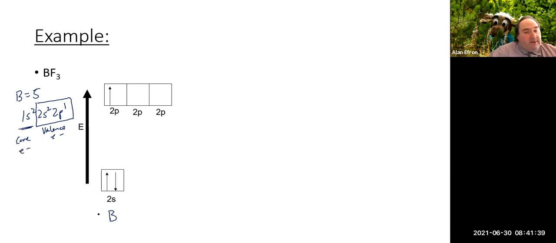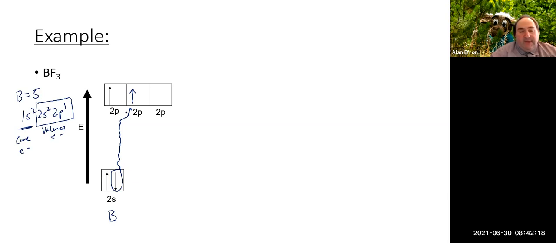The same process is going to occur here that happened in the previous one. We're going to get a promotion of an electron from the lower energy level, and it's going to come up. But as it comes up, just like when we talked about electron configuration and how electrons fill, it's not going to go into the first box because there's already an electron there. So this electron, when it gets promoted, goes up into the orbital next to it. So we still have the filling like we normally would.